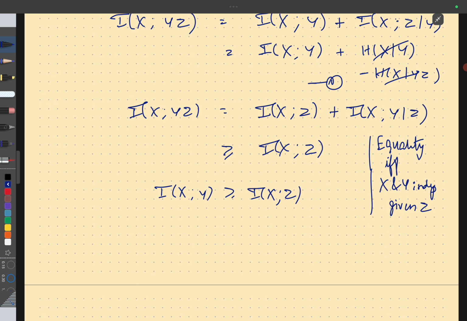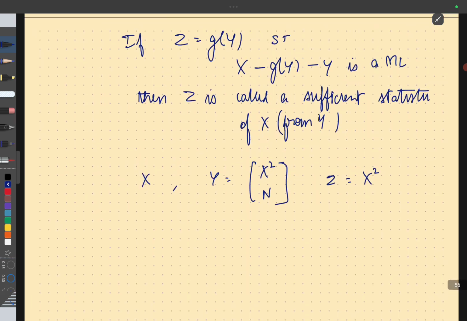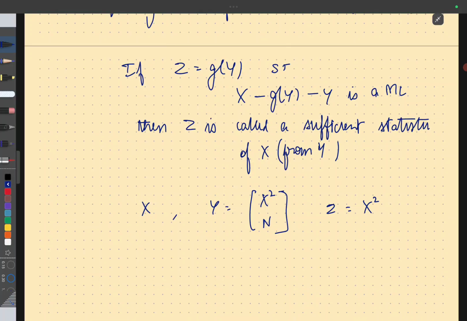Could you explain why you said this statistic? So that's a definition. Like, doesn't the sufficient statistic mean we're losing more information about the population? We are. So the definition basically says that given g of y, x and y are statistically independent of each other.